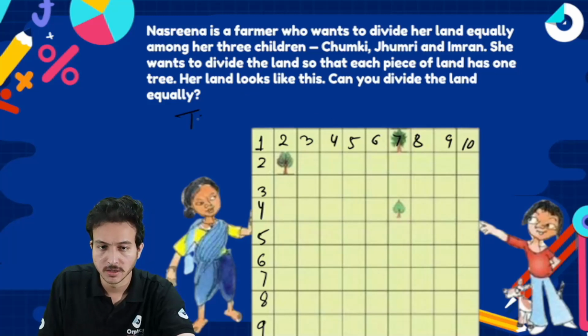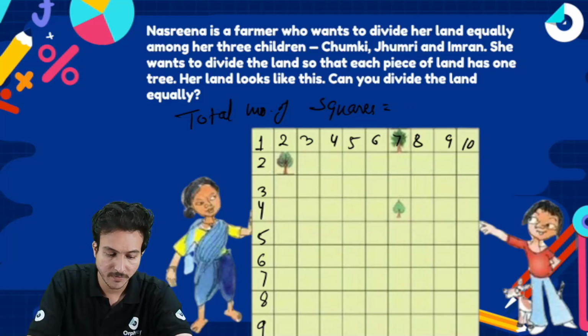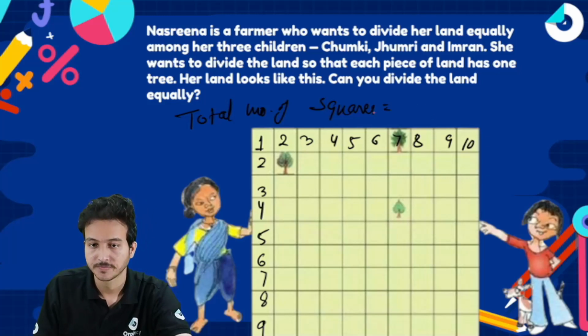So the total number of squares you need to find out can be given as 10 into 9, that will give you the value as 90.